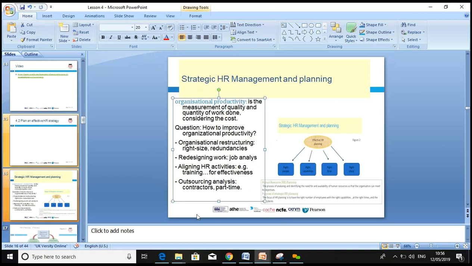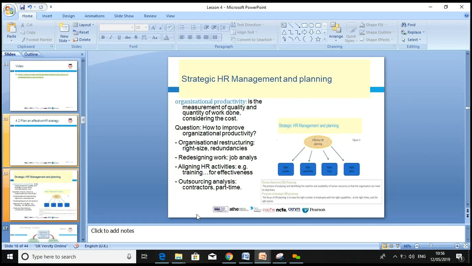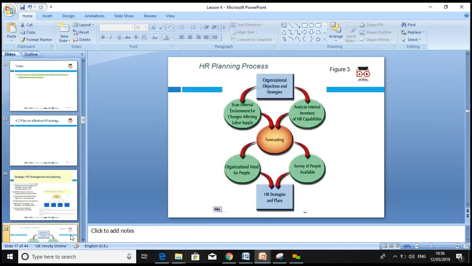We can align HR activities: training for effectiveness, and outsourcing analysis, contractors or part-time staff. When we make HR planning, we need to look at the organization objectives and strategies, analyze the internal inventory of HR capability we have, scan the external environment, because the external environment keeps changing, and forecast organization needs.